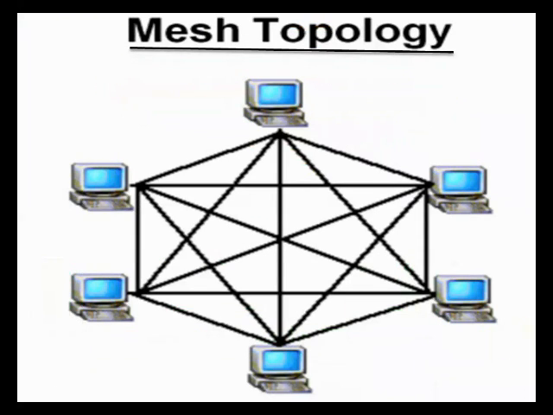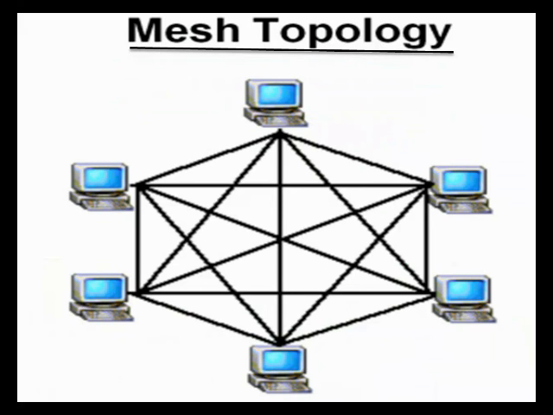Now, first one is mesh topology. In mesh topology, each device is connected to every other device on the network through a dedicated point-to-point link. When we say dedicated, it means that the link only carries data for the two connected devices.